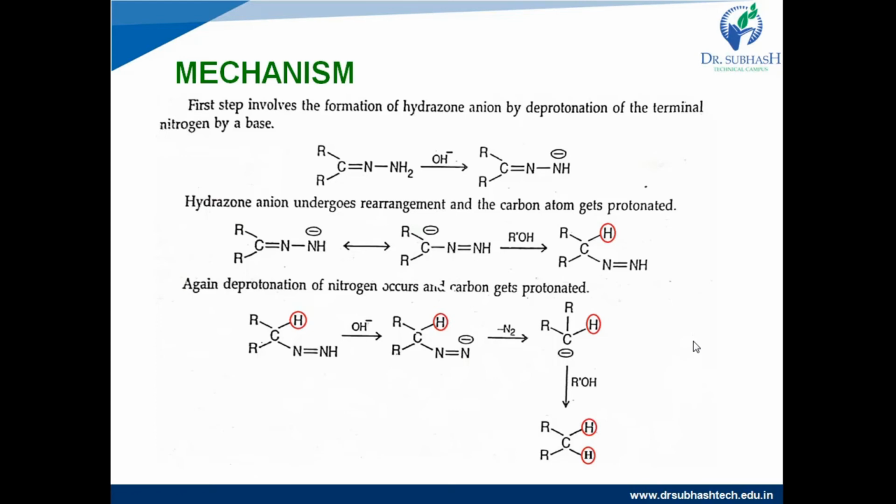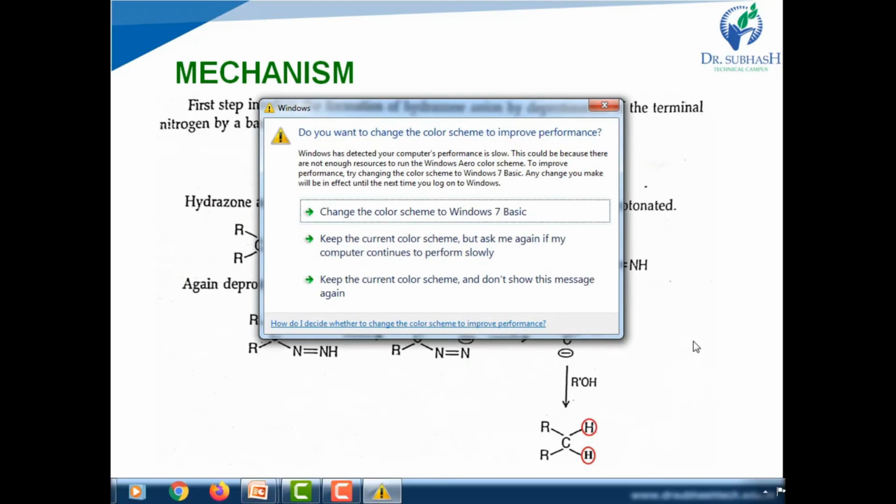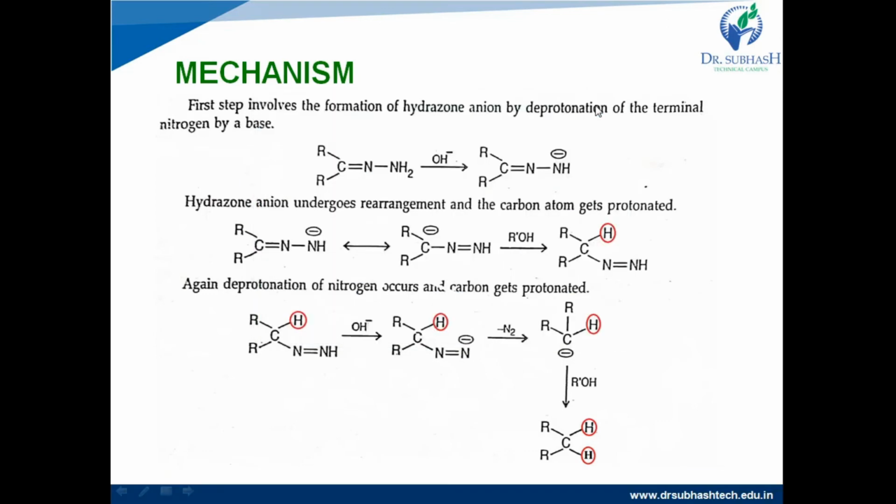We see that ethylene glycol is used; other protic solvents can also be used which give the proton for the protonation, which provide the proton easily. So this type of protic solvent provides the proton to the carbanion or negatively charged carbon and causes the protonation of that carbon.